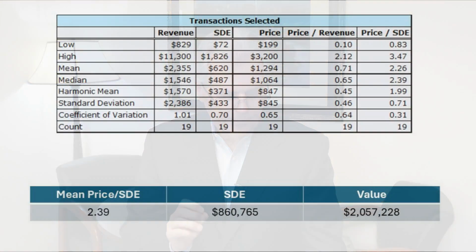Now, using that number, let's see how it works with the company that I was actually evaluating. Using the mean price to SDE of 2.39 and the seller's discretionary cash flow that I established earlier in that valuation of $860,000, the value comes out to be $2,057,000.